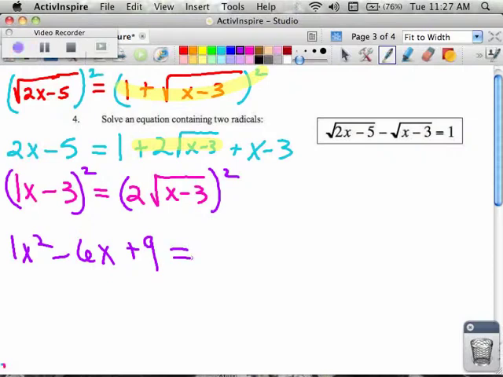On the right-hand side, if I square the 2, I get 4. If I square the square root, the stuff cancels each other out, and I just get the x minus 3. But that 4 is being multiplied by that radical, so now that 4 is being multiplied by all of the x and the minus 3.